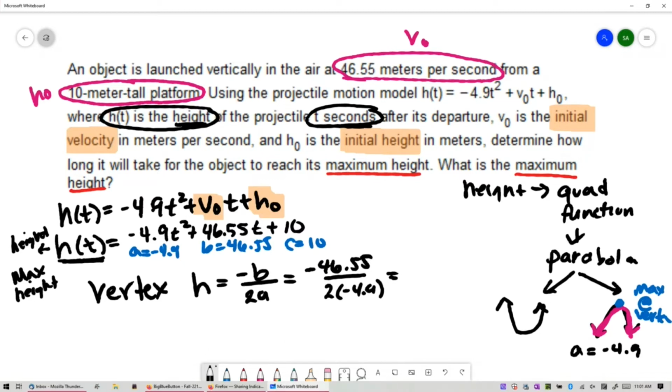I'm going to get my calculator. So we have 2 times 4.9 is going to give us 9.8. We have negative 46.55 over negative 9.8.